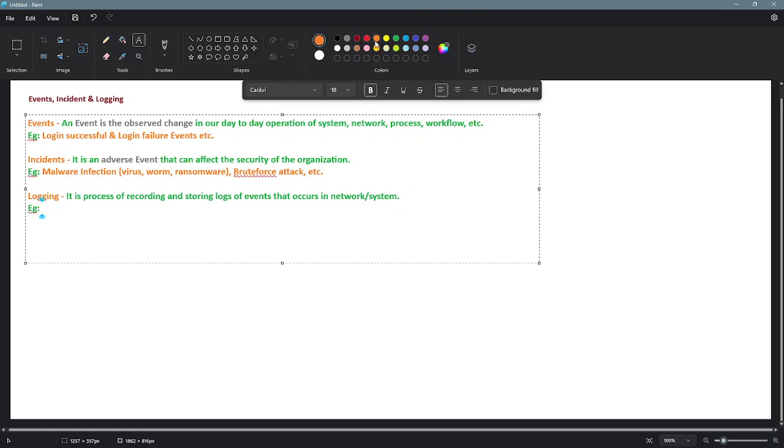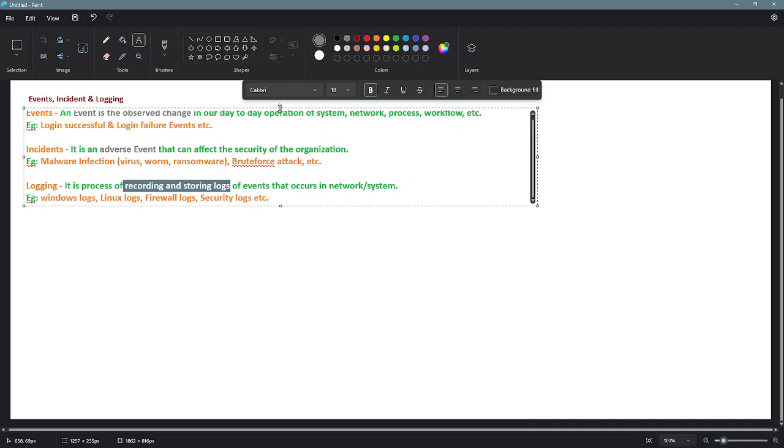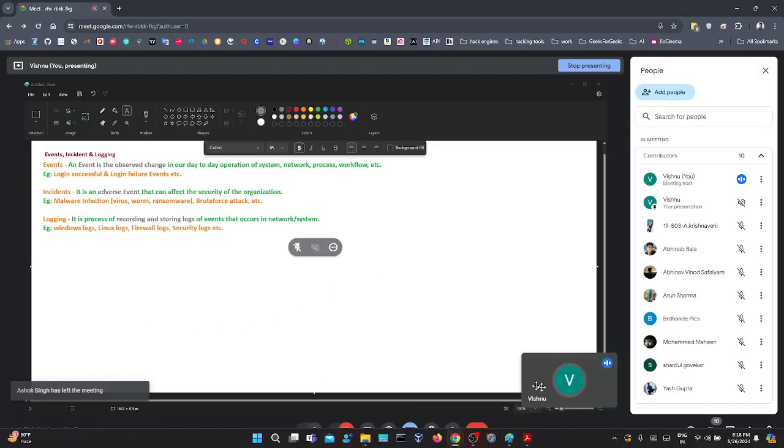Examples are Windows logs, Linux logs, firewall logs, security logs, etc. So recording and storing logs is called logging. These are the three terms we have talked about: events, incidents, and logging.